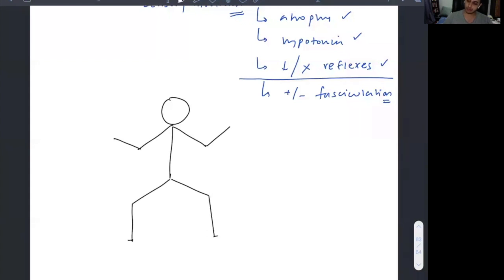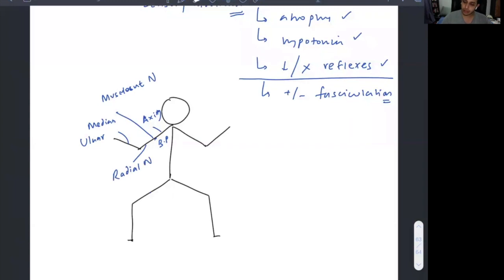Okay, so your upper limbs and your lower limbs. Your upper limbs will have, from the spine, your brachial plexus. From the brachial plexus, you have your axillary nerve, your musculocutaneous nerve, your median nerve, your ulnar nerve, and posteriorly your radial nerve.